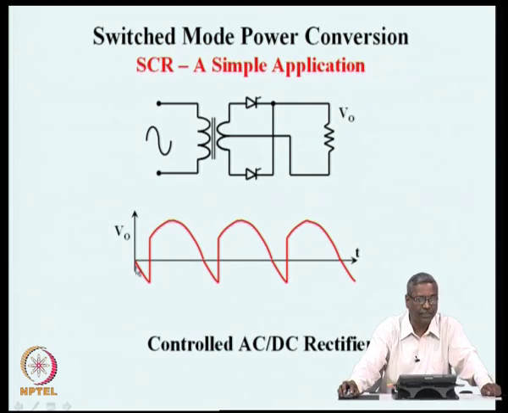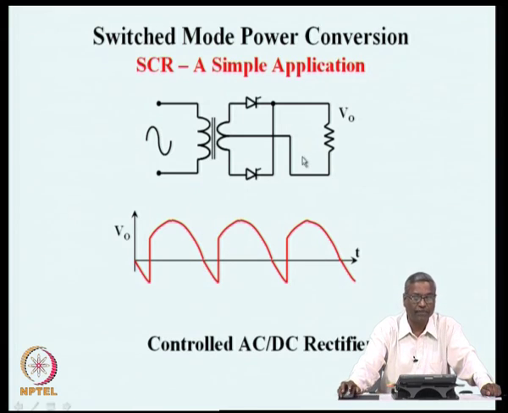But in the case of a thyristor, we can delay the point at which the thyristor is turned on. So, by delaying that, it is possible to get a controlled voltage, which is the output voltage here, and this control angle decides what will be the output voltage.